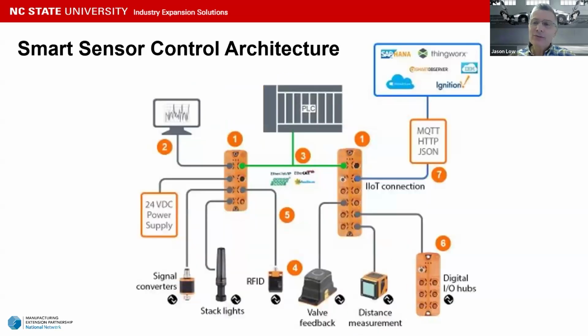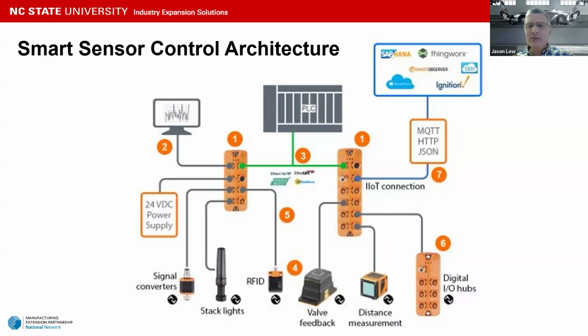So what we would like to get to, especially with these smarter devices, is simpler wiring. And this illustrates that, but it also illustrates connectivity to other types of systems. In particular, we see that cloud up in the top right.